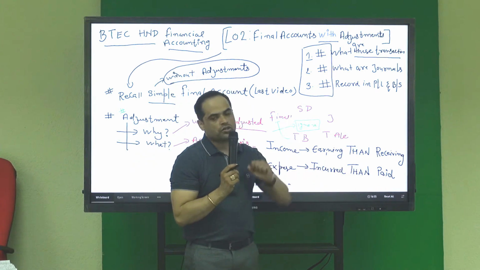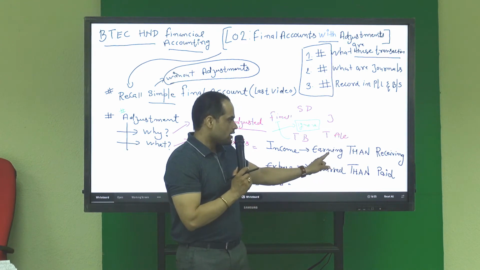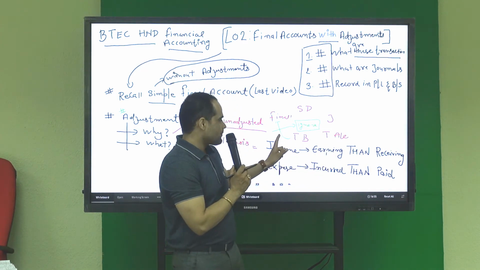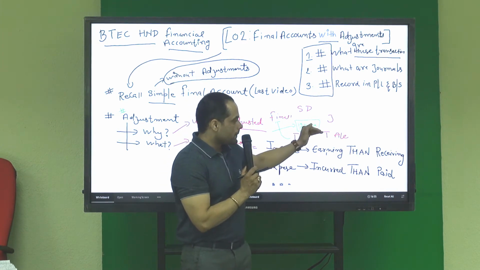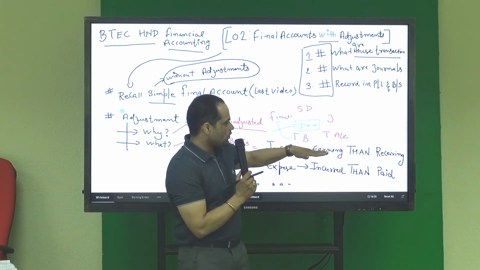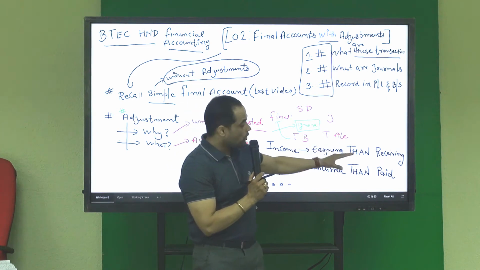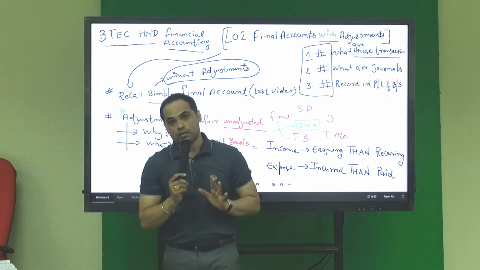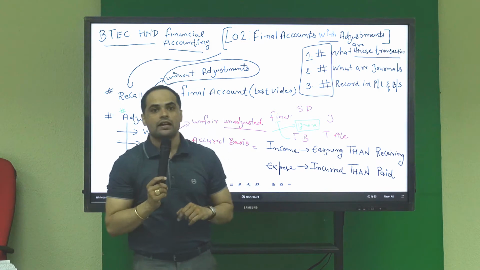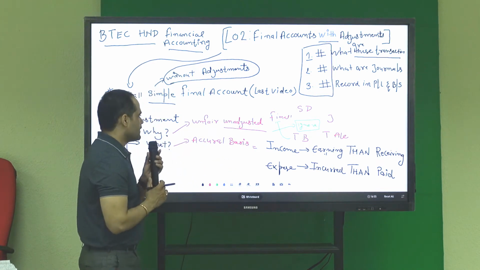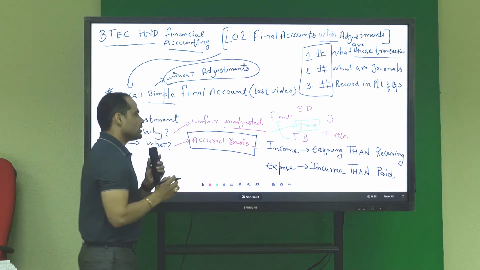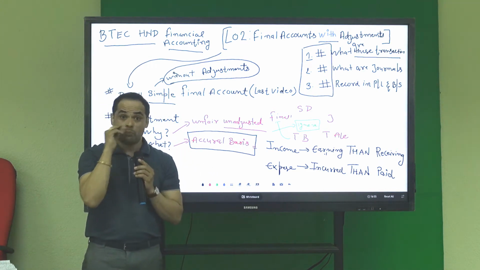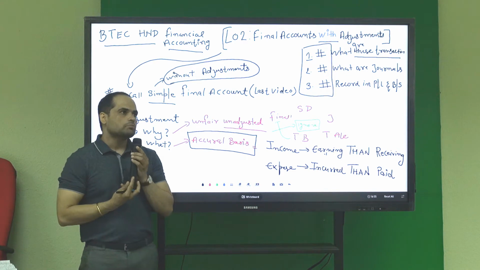Same thing here: initial transactions in terms of income are recorded on the basis of earning, not on the basis of receiving. Keep this in your mind. These kinds of concepts are called accrual basis. So accounting is accrual based. It's really important. Why important?